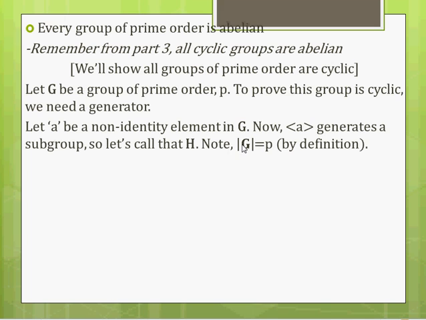Now, notice the order of G is P. We said the group is of prime order P. Now, we're talking about a finite group, aren't we? Because it's of prime order. So, what can we use? Again, I hope you said Lagrange's theorem.